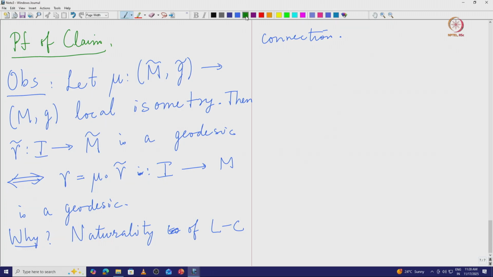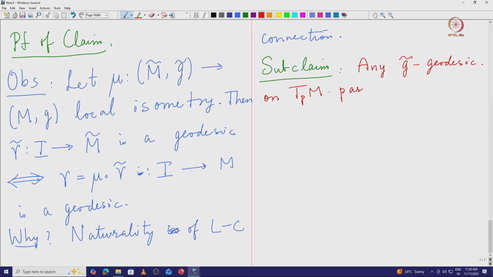Now, in order to prove my claim, I make the following subclaim. Any G tilde geodesic on the tangent space passing through the origin is given simply by the radial line tV.